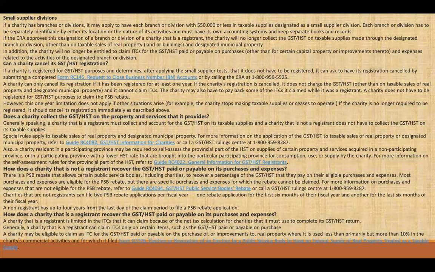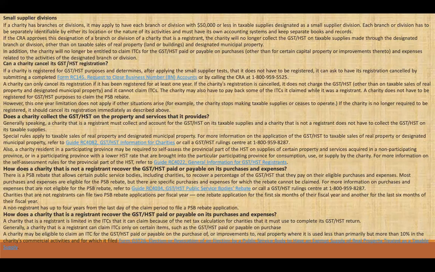Does a charity collect GST on the property and services that it provides? Generally speaking, a charity that is a registrant must collect and account for the GST on its taxable supplies, and a charity that is not a registrant does not have to collect GST on its taxable supplies.